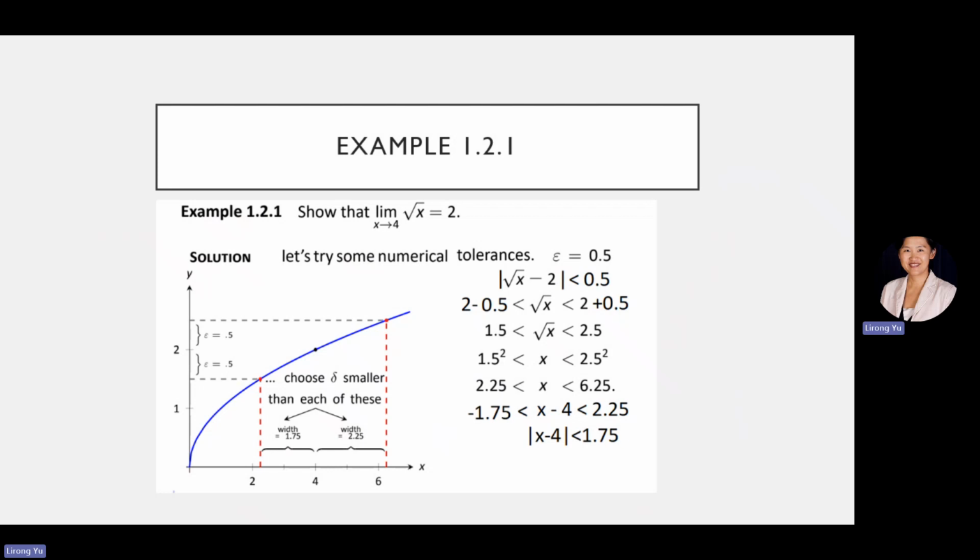And then once you find these two boundaries, we always choose the smaller one. So 1.5 is the one we choose, the smaller absolute value. And so you use 1.5 as the chosen delta. This is a process to illustrate that whatever epsilon you choose, using this process, you can always find the appropriate delta for it.